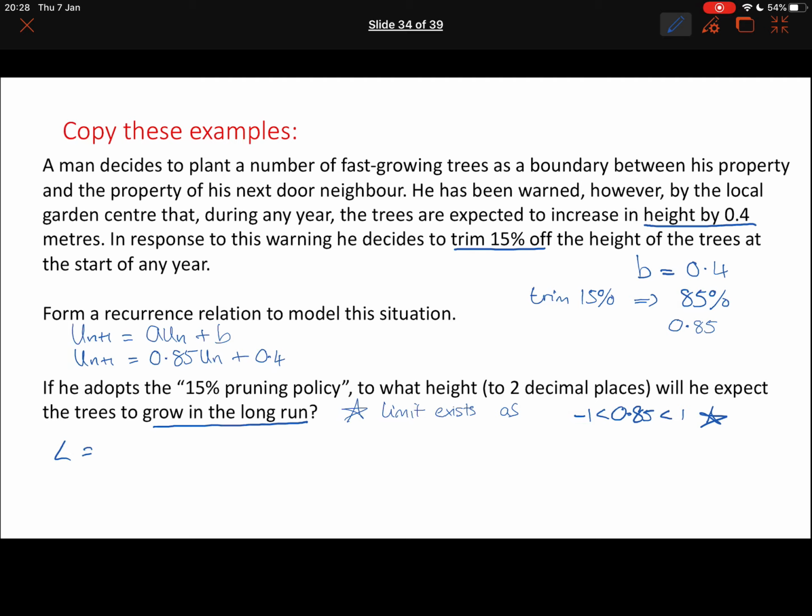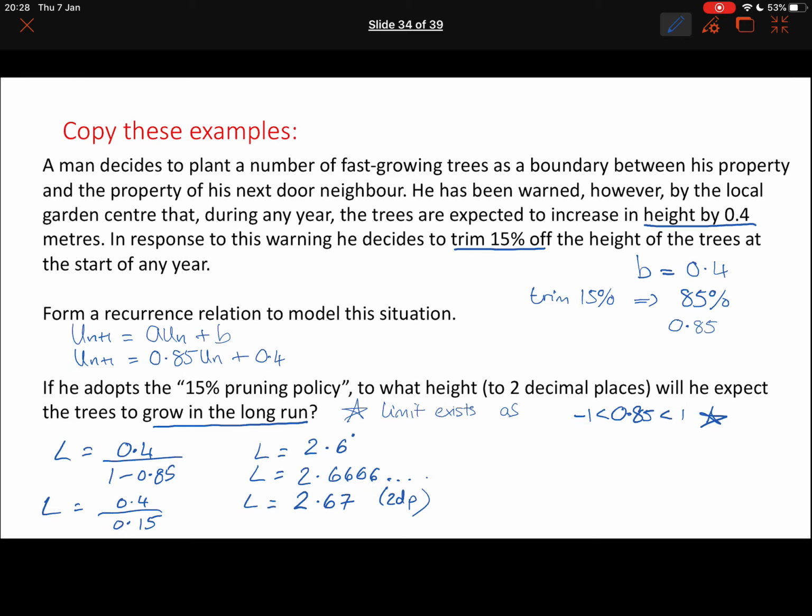Limit is equal to b over 1 minus a, so we've got 0.4 over 1 minus 0.85, which gives us 0.4 over 0.15, and we'll use a calculator for this one, so 0.4 divided by 0.15, and that comes out as 2.666... recurring. It's asking for 2 decimal places, so that will be 2.67.